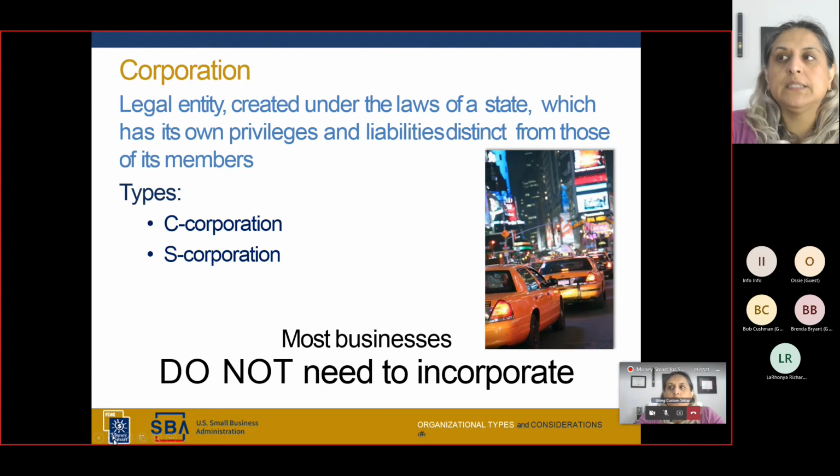Investors are more easily attracted to corporations, but more complex ownership, reporting, and management requirements go along with these advantages. Disadvantages also include having to hold regular meetings of directors, keeping records of corporate activities, and maintaining the corporation's ongoing financial independence. So, next slide.